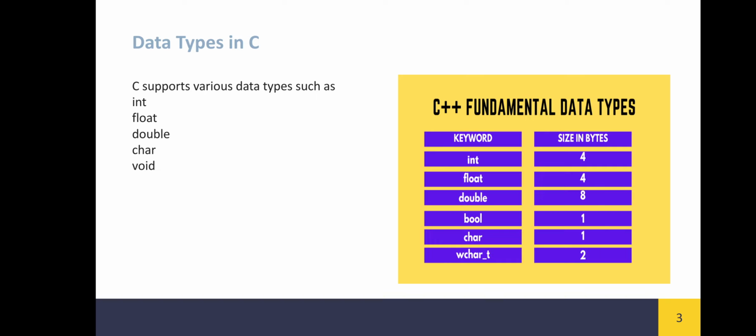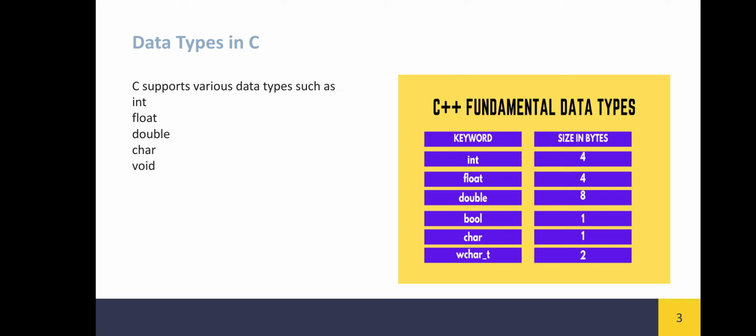Okay, so now let us move on to the basic data types in C. There are a few basic data types in C, mainly divided into two types, that is fundamental and derived.